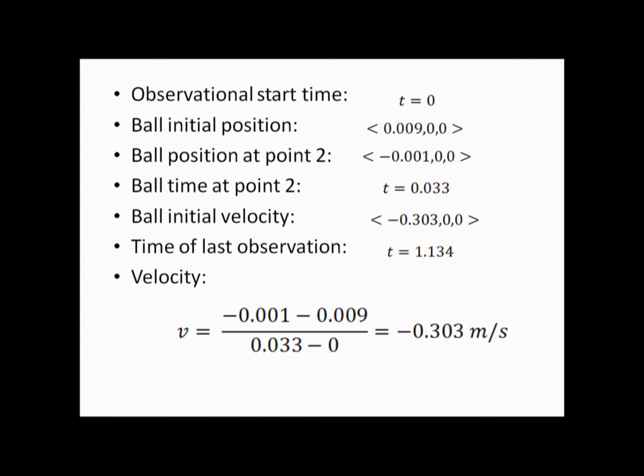I also found the observational data: at time equal to 0, the ball's initial position was 0.009 meters, the ball's final position was negative 0.001 meters, and from there I calculated the final velocity. The formula shown at the bottom shows the calculation for the velocity, which was then inserted into the Python code to calculate the position of the ball during the designated time interval.